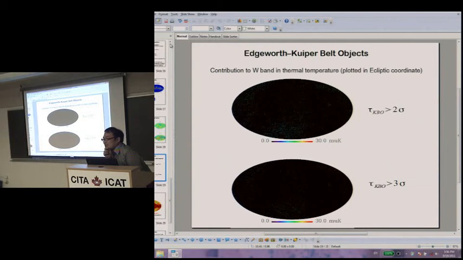Yeah, but what really matters is the absolute value of the pixel. Even if all of them are more than 2 sigma, but their value is 0.194 Kelvin, it's not important. It cannot affect the CMB anisotropy much because it's too small.